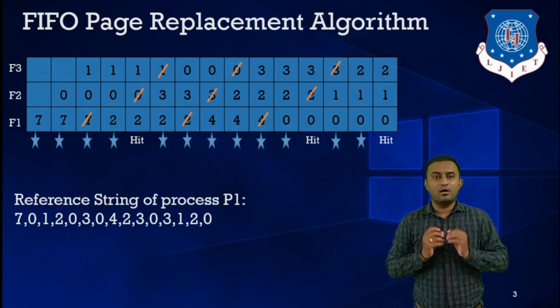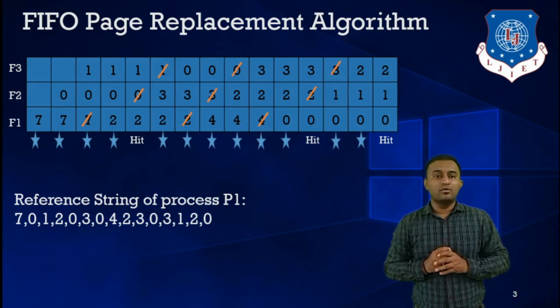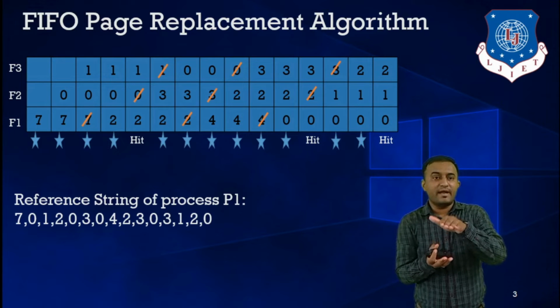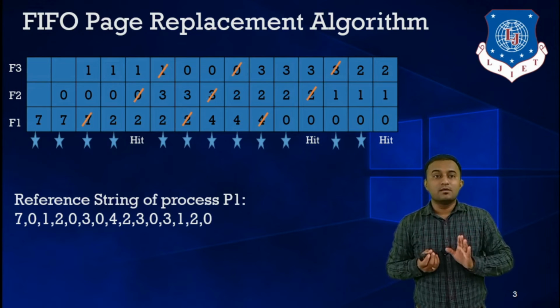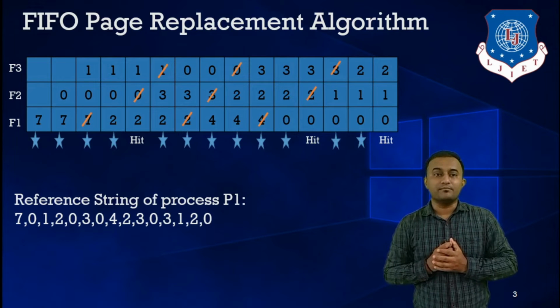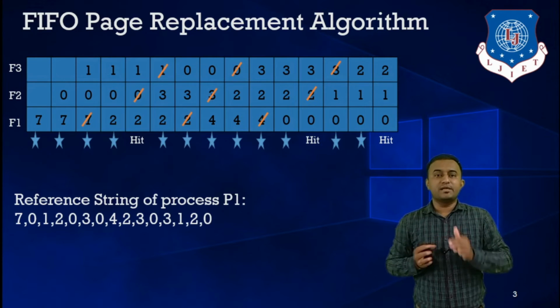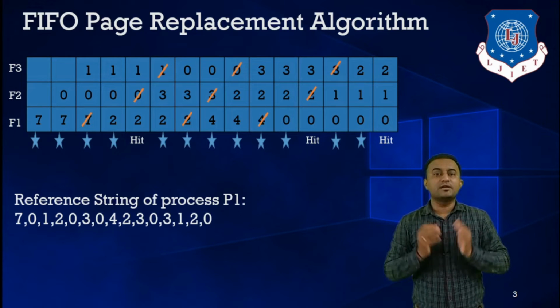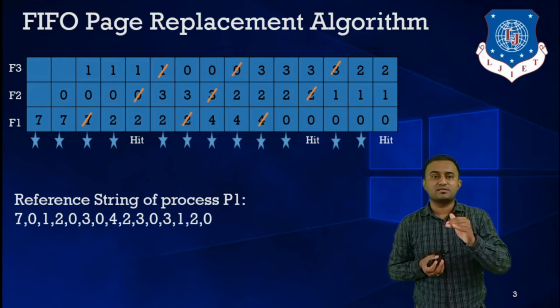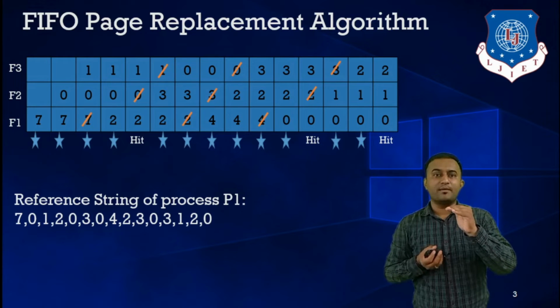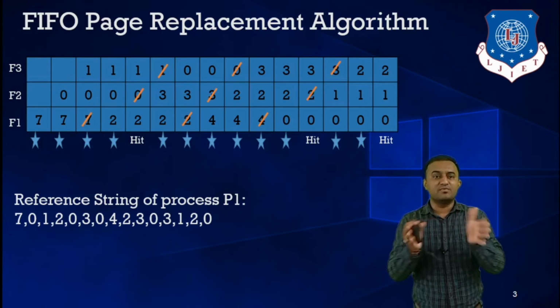I hope up to this it is clear to you. Now we have a number of pages, and these pages need to be accommodated in a particular sequence into these frames. Initially the table entry was empty, because this is a snapshot I have taken at a particular moment of time, but initially this main memory was empty.